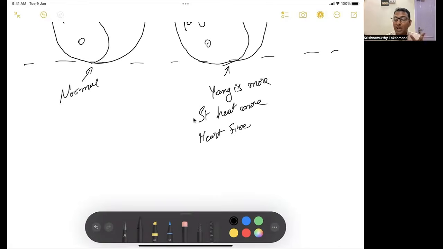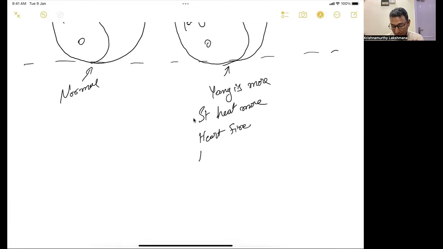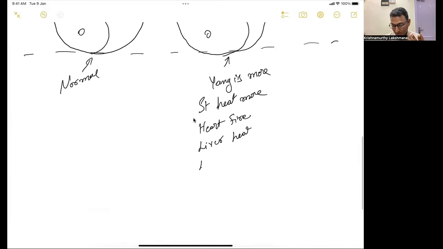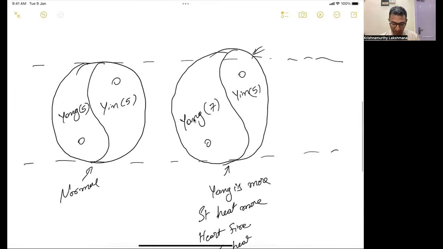If the same situation happens in the liver, we call it liver heat. If it happens in the large intestine, we call it large intestine hotness. So this is the different way of saying. The situation is that it has crossed the line and become more than that.